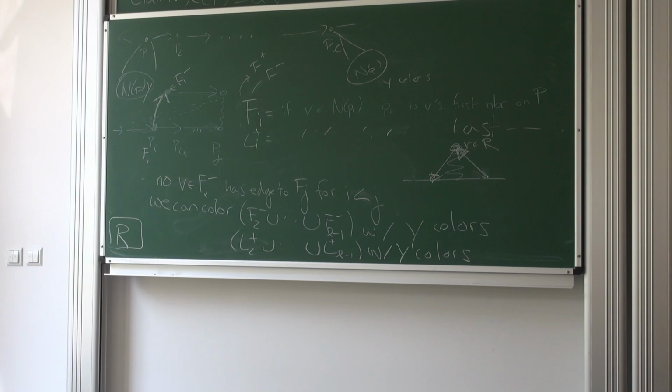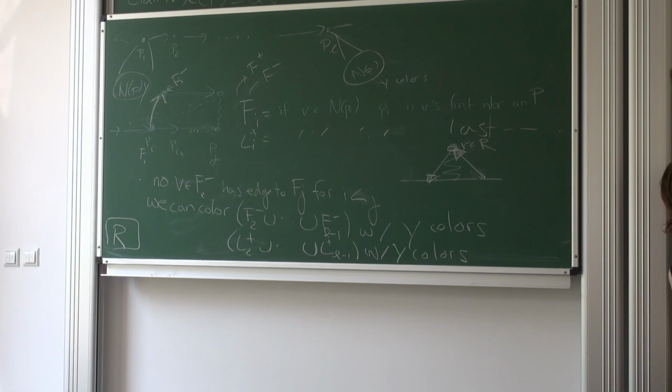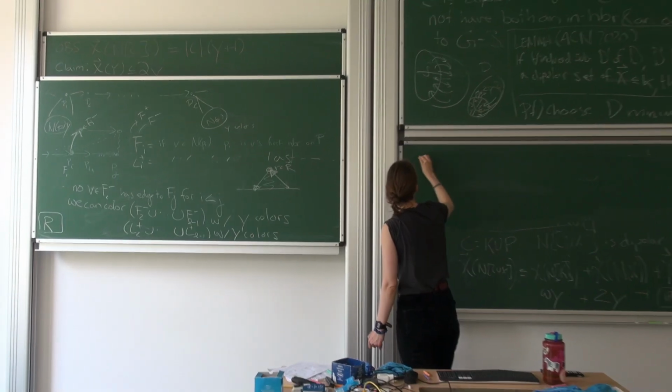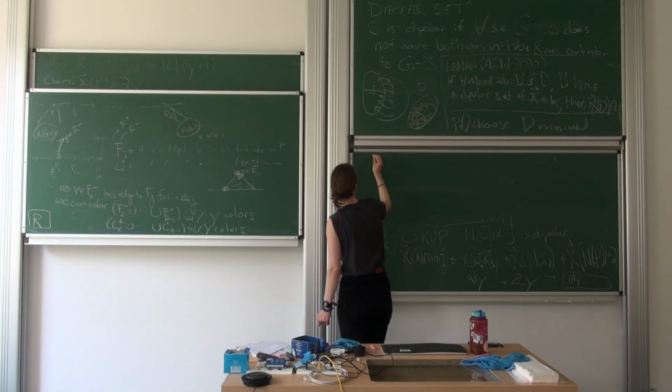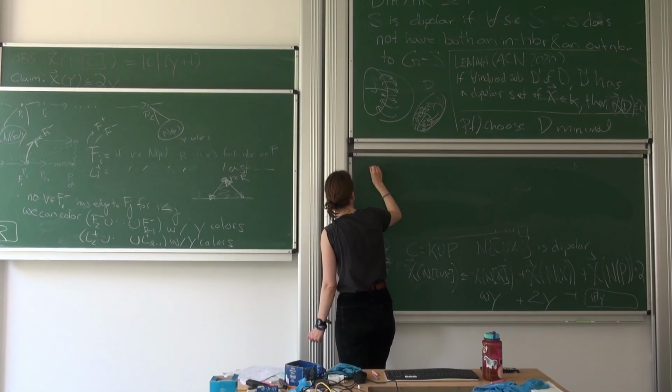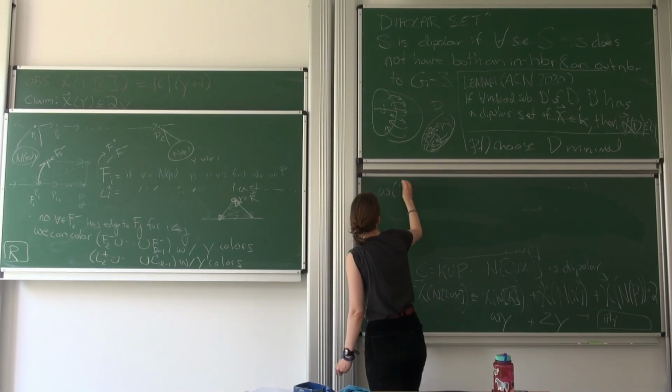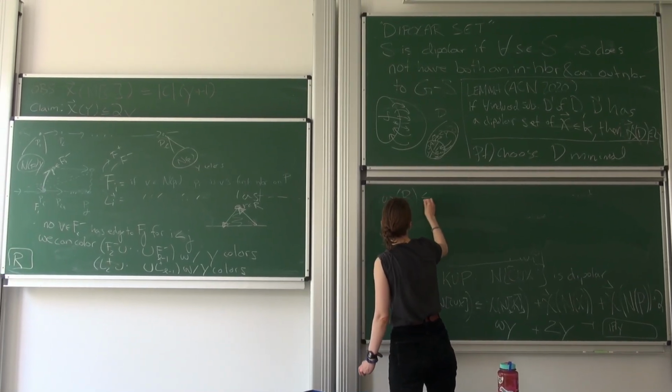Yeah, so at this point, if we look at R, we can show that omega of R has to be less than omega.